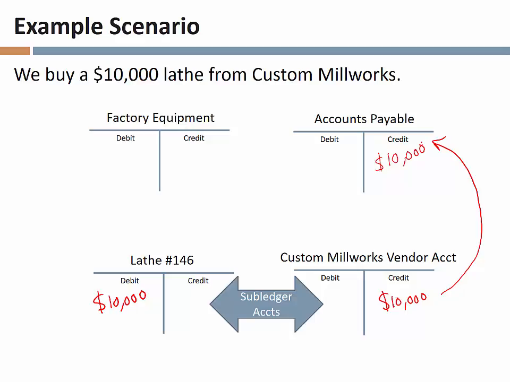So we'll have that automatic posting there, and we'll assume that our lathe is in an asset group that we are using to represent factory equipment, and so this now will be reflected in this automatic posting here. And so we now have a debit populating up to factory equipment for $10,000. Any questions about this?